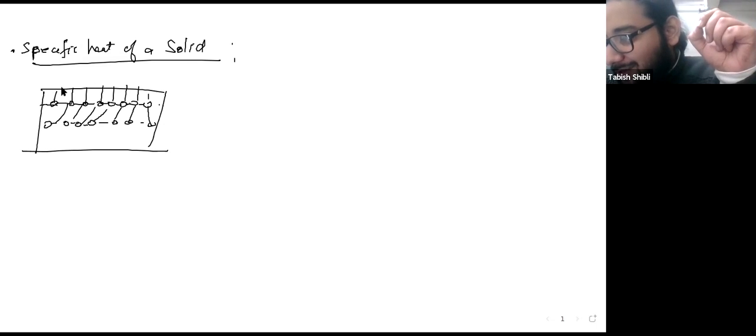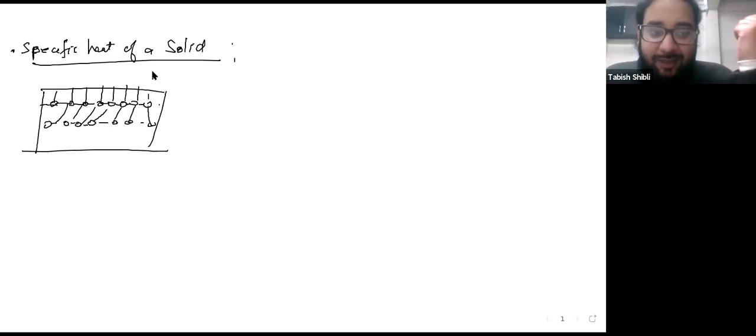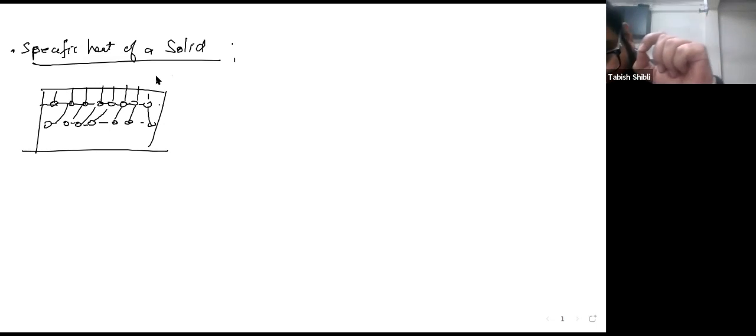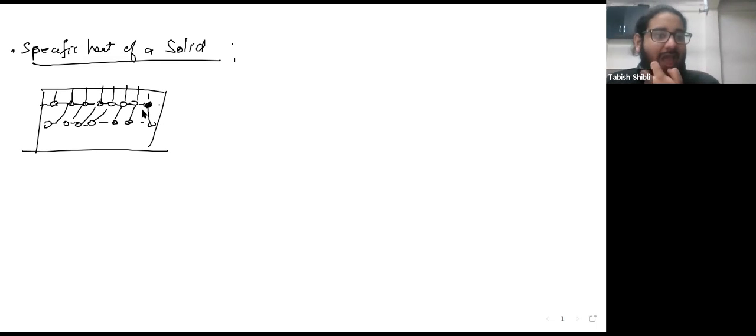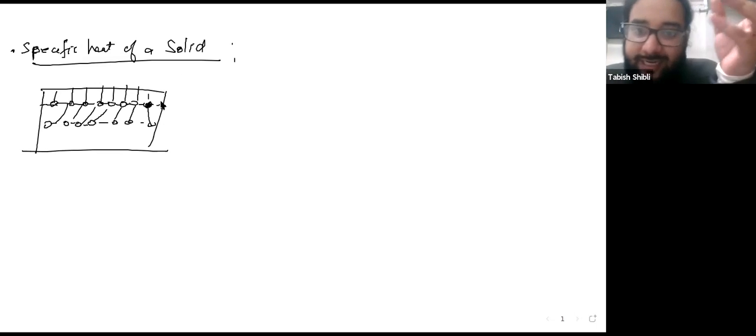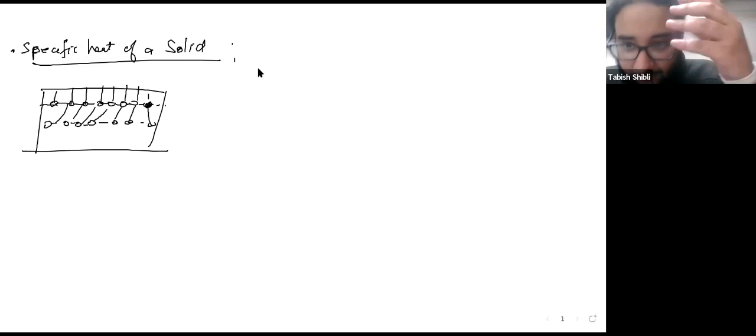Yes, sir. Lovely. So each of the atoms inside this has how many ways in which it can distribute its kinetic energy, how many degrees of freedom?